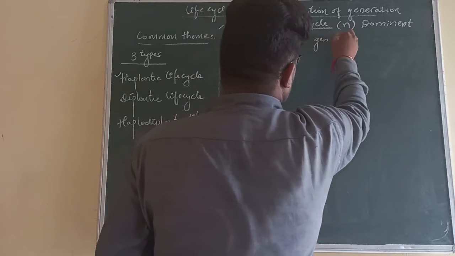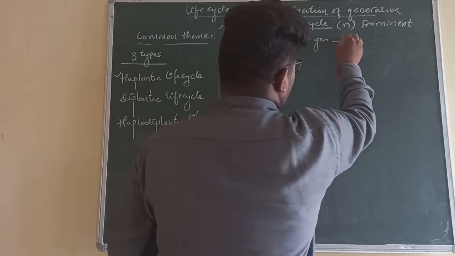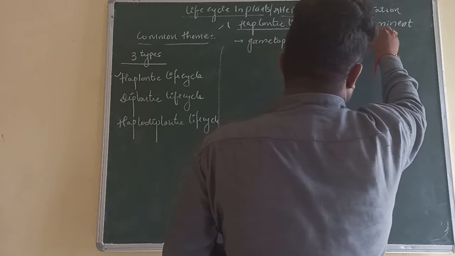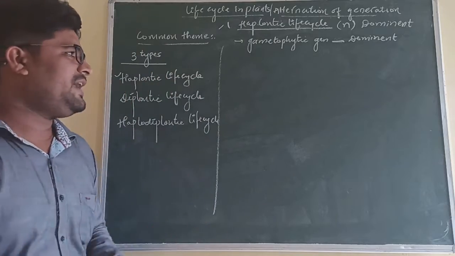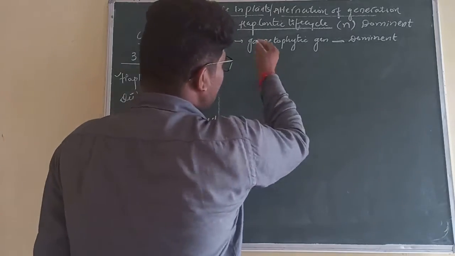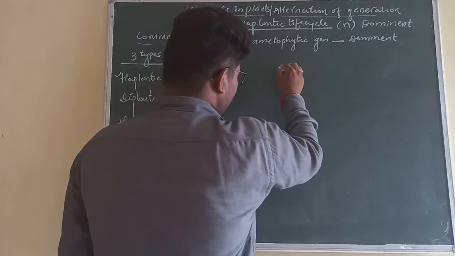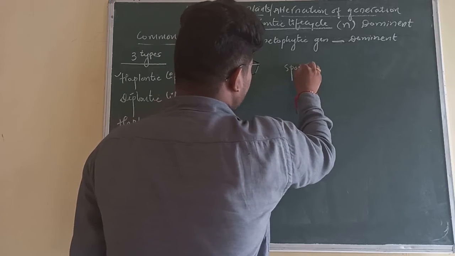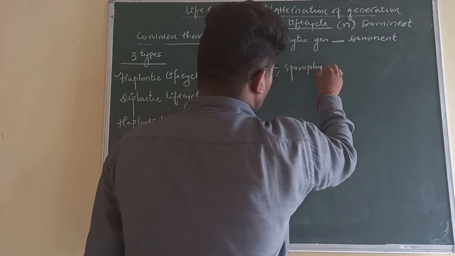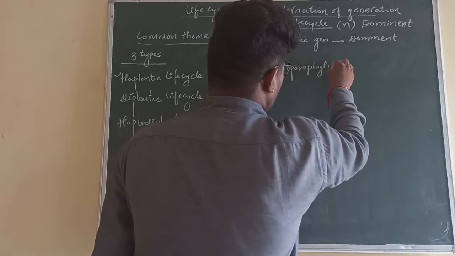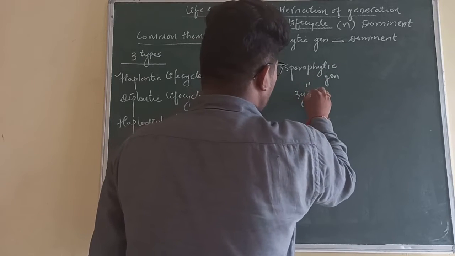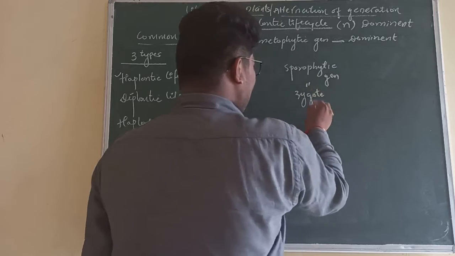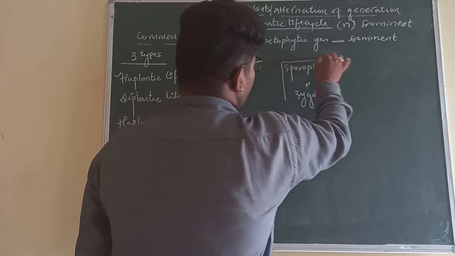Gametophytic generation will be dominant, and it will be for a longer period. Let's see how. In case of this haplontic life cycle, the sporophytic generation is in the form of zygote.